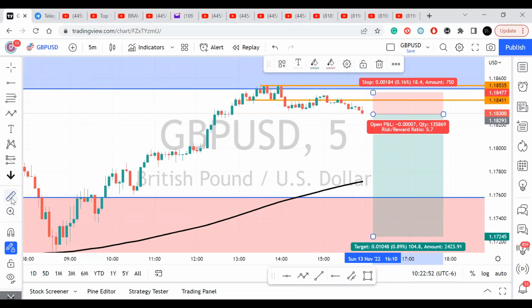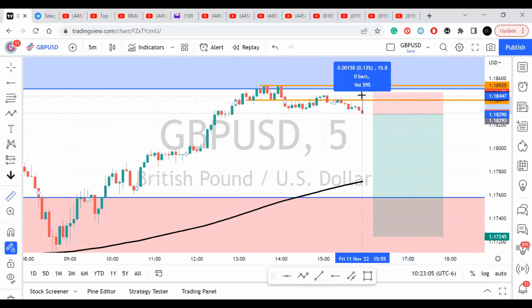So I'm risking about 1:5, almost 1:6. 1:6. Yes, about 20 pips.